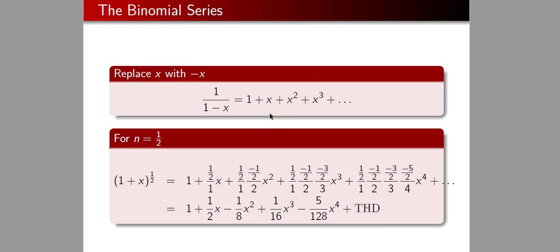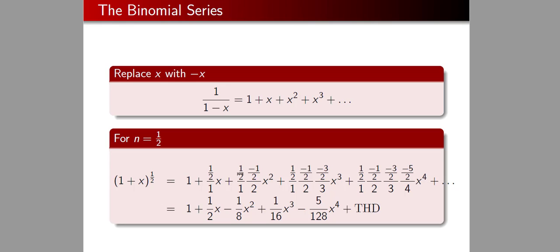Now let's do this with n, instead of being an integer of some sort, let's have it be a fraction. Okay, 1 plus x to the 1/2 power, which is, again, how do you even do this? But let's just go through this process using the game we were playing with the coefficients. So I have 1, my exponent divided by 1 times x.